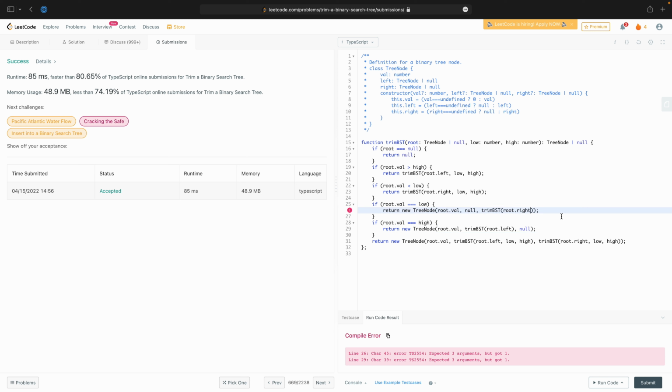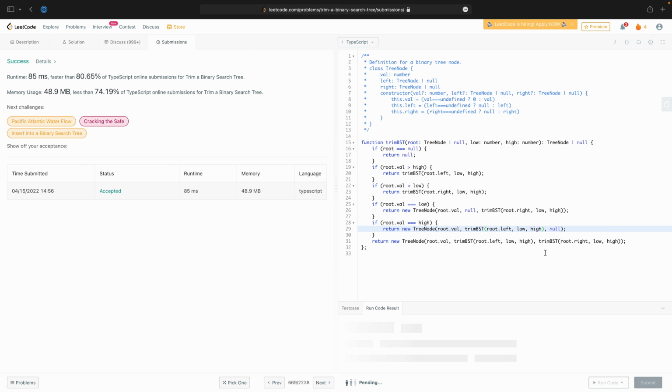Oh. When doing a recursive function call, give all the arguments. It really helps. God, I'm an idiot sometimes.